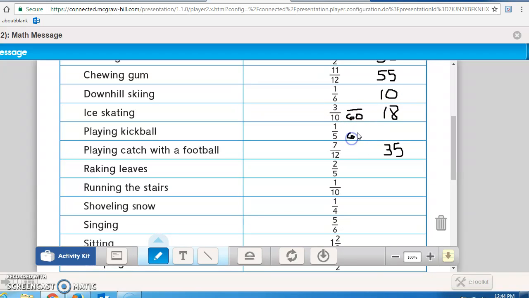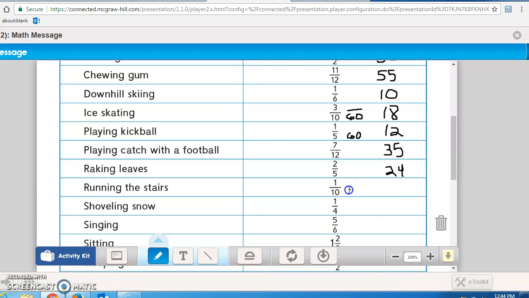Again, I'm going to want to take this times 60. 5 times what is 60? Times 12. So 1 times 12 is 12. We already converted it and said it's times 12, but this time I get to multiply 12 times 2, so 2/5 would be 24 minutes.